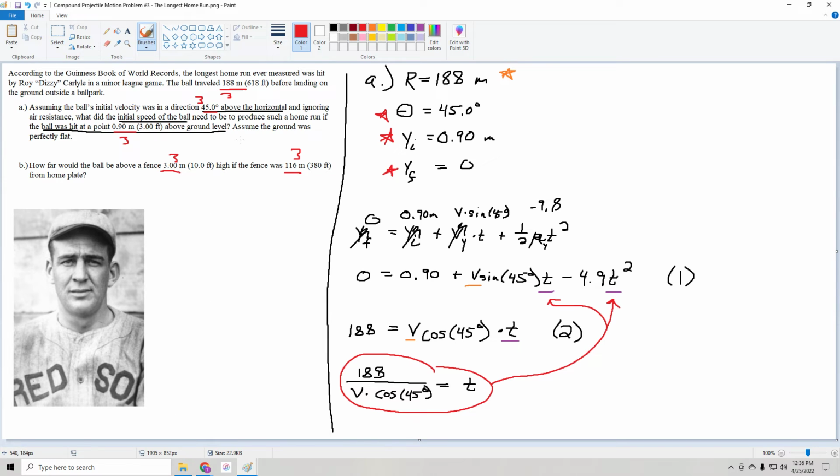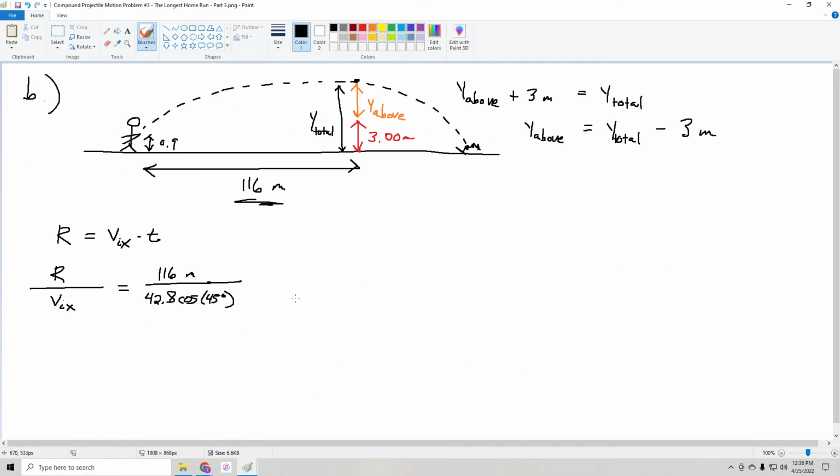Let's double check that. 45 degrees above the horizontal. Yes, yep. And this comes out to just be a number, meters per second, and this is equal to our time. I'm just going to leave this as an expression rather than plugging it into a calculator for the time being.